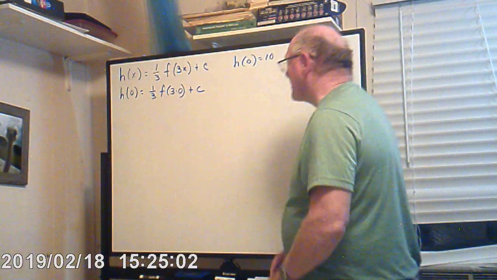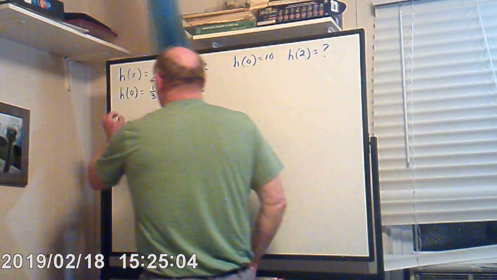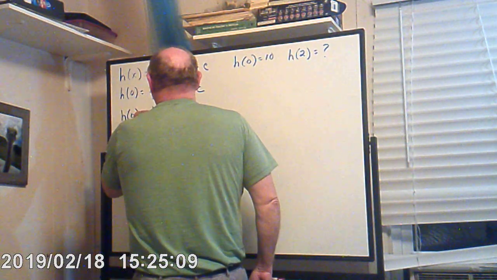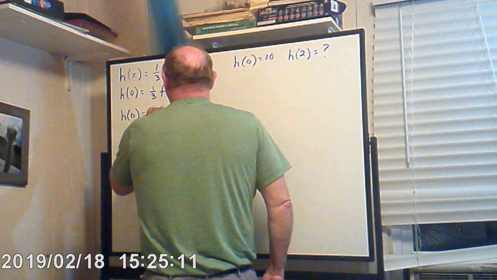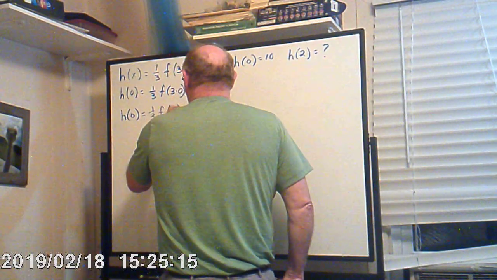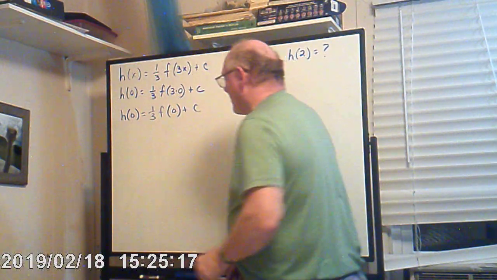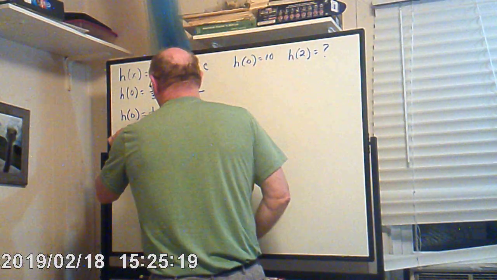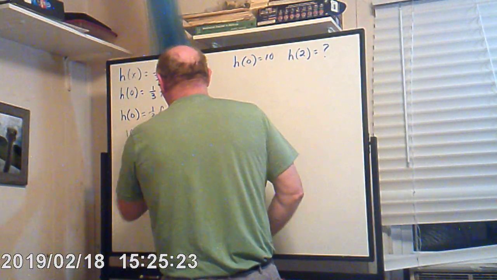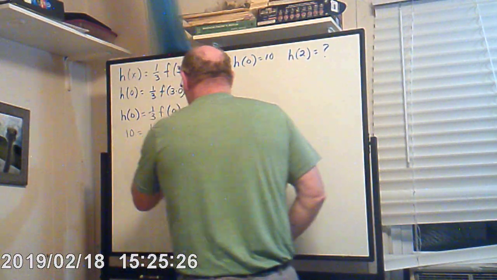So h at 0 equals 1/3 f at 3 times 0, plus c. Well, f of 3 times 0 is f at 0, and we know that h at 0 is 10. Now, where are we going to find f at 0?